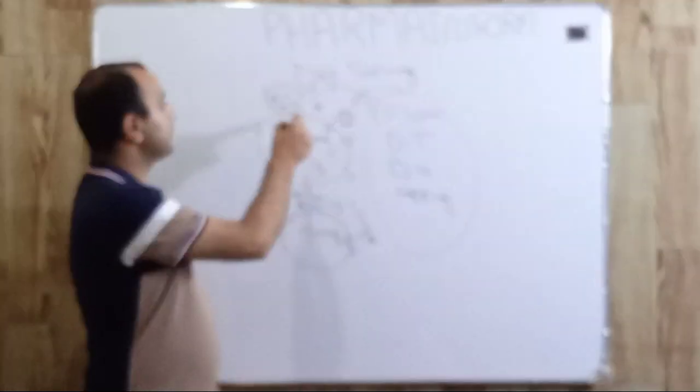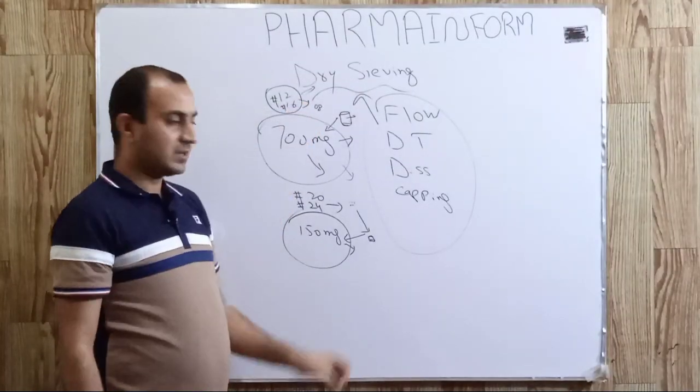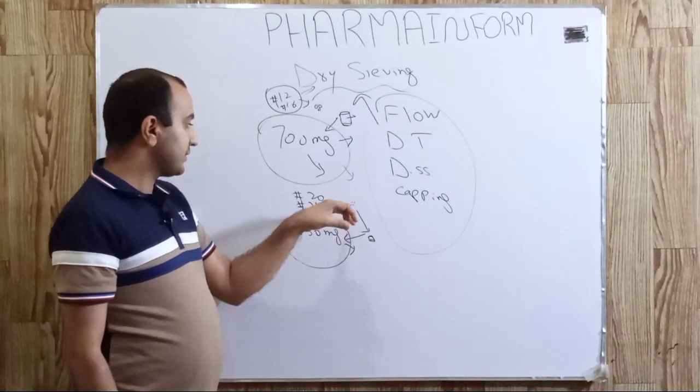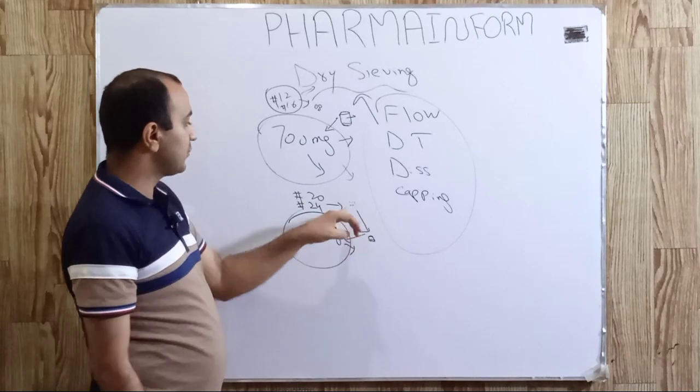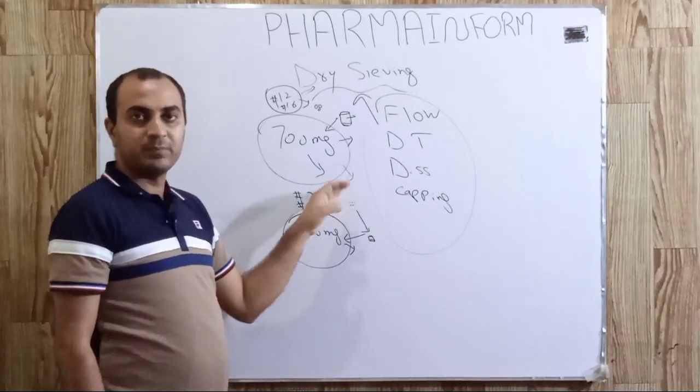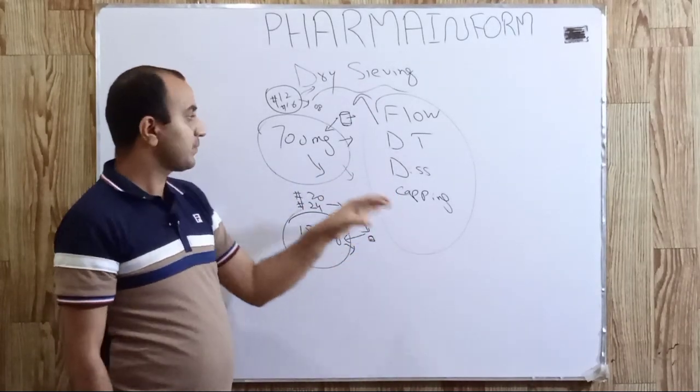Large size granules are produced by the lower number of mesh. For small size tablets we use small size granules for easy die filling, and for small size granules upper numbers of sieves are used.